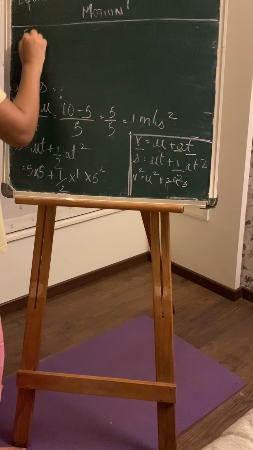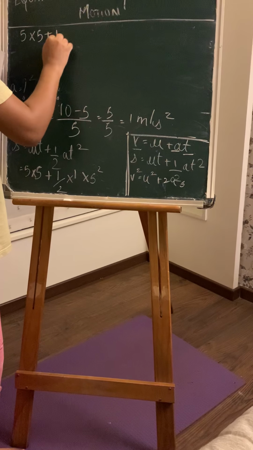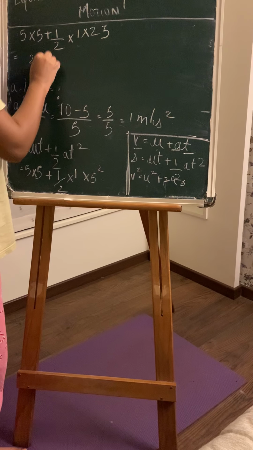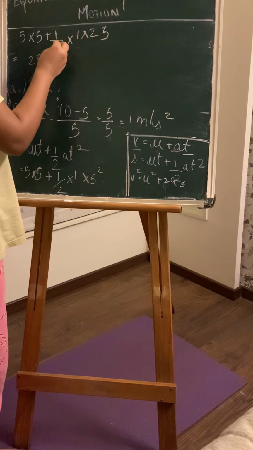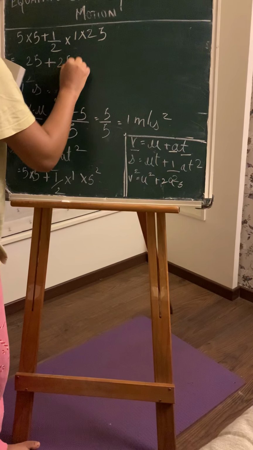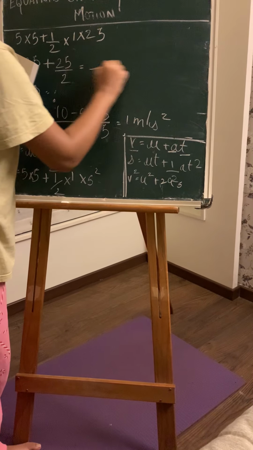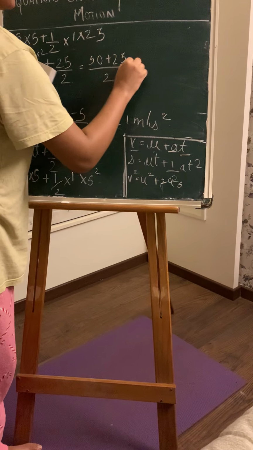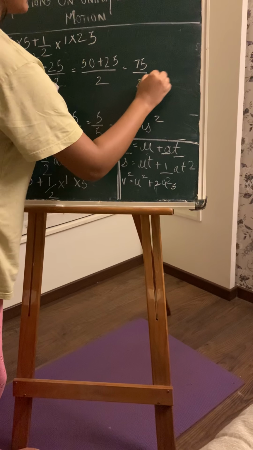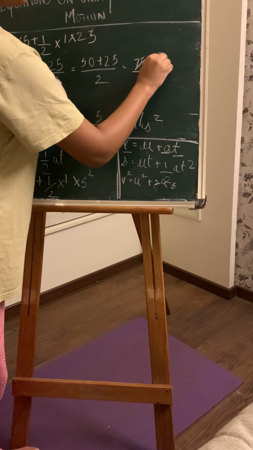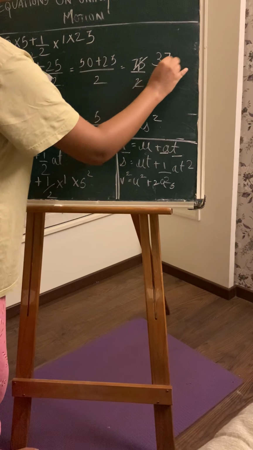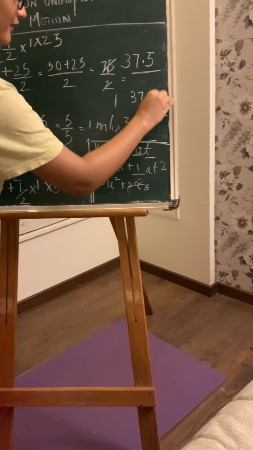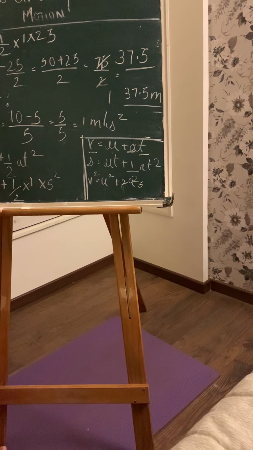Yeah, so we have 5 into 5 plus half into 1 into 25, which gives us 25 plus 25 by 2, which is 50 plus 25, 75 by 2. That's 37.5 meters is the distance traveled.